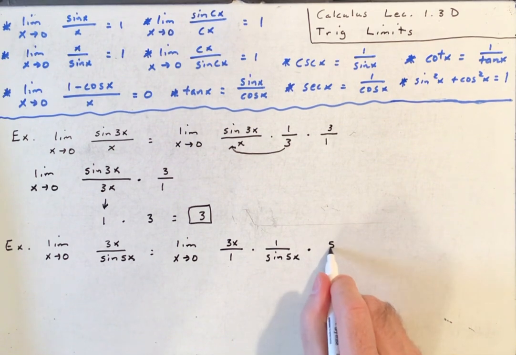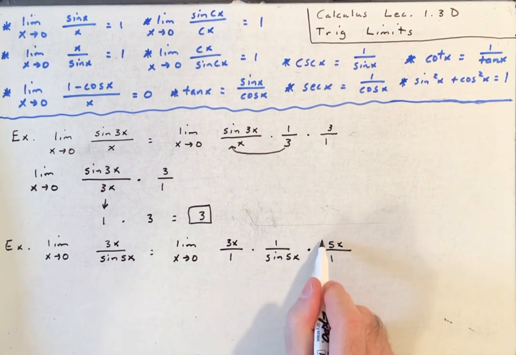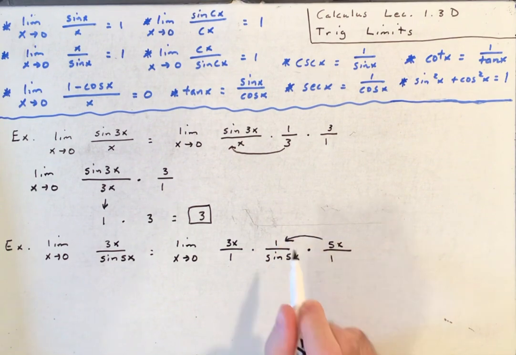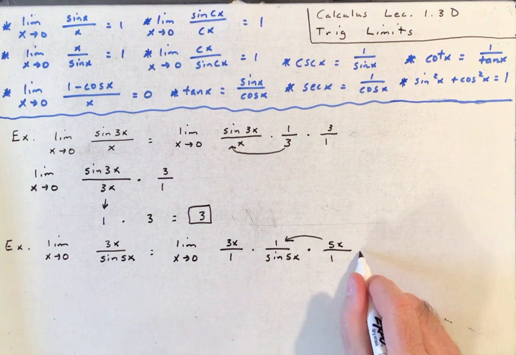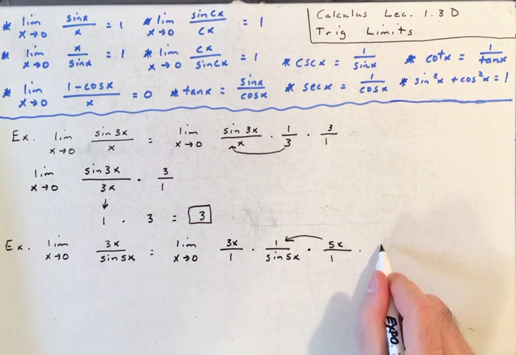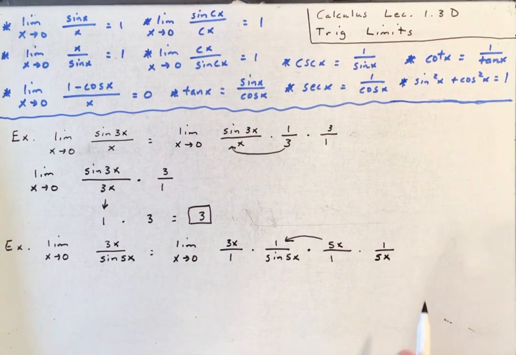So let's multiply this by 5x over 1, and then I can put a 5x right there. But that's not legal unless I do what? Multiply the whole thing by 1 over 5x. Because 5x over 5x is just 1, right? So by doing this whole section, I didn't change the equation. I just wrote it out so that I can see it better.